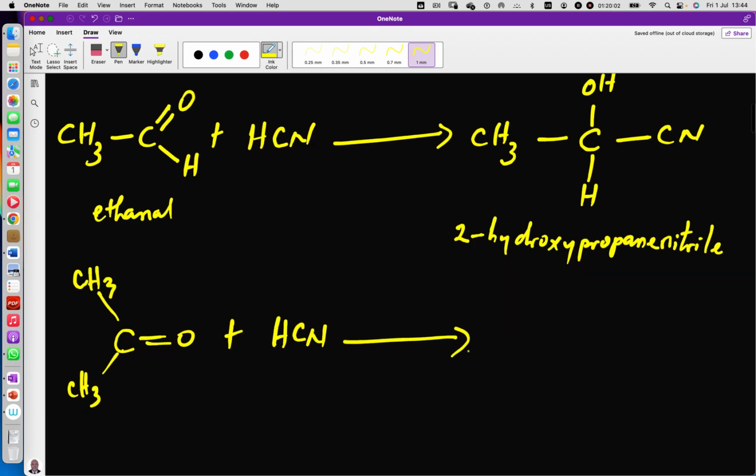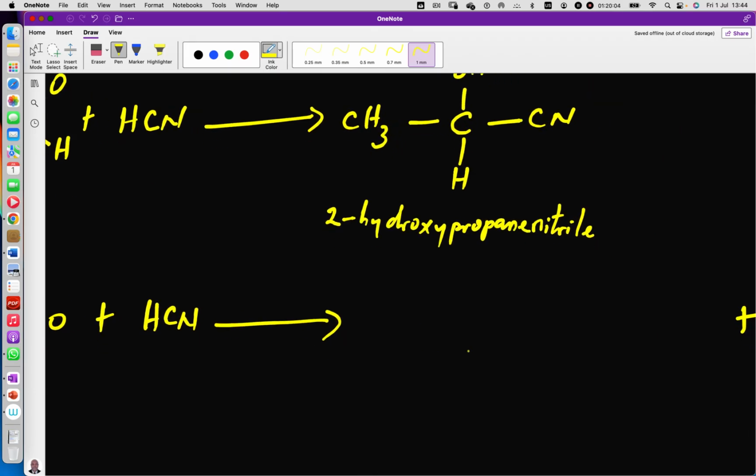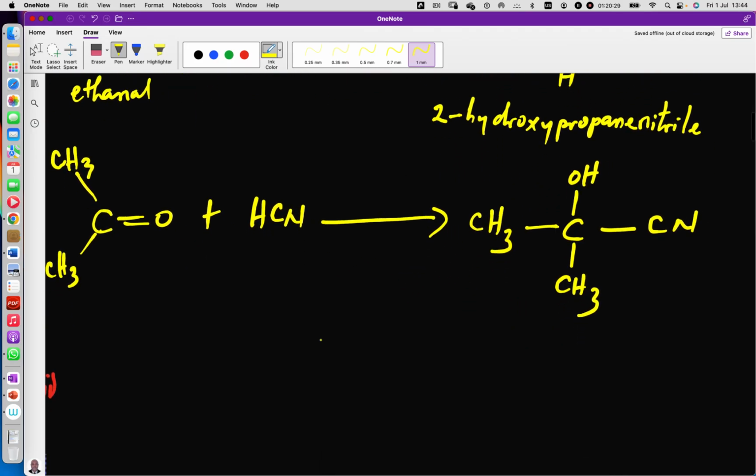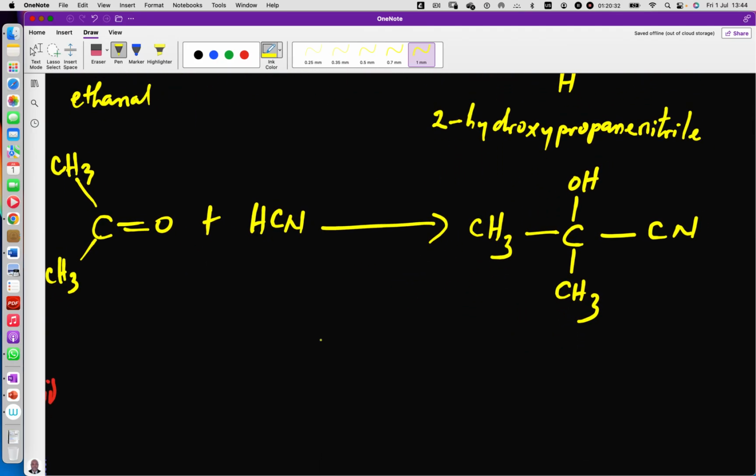What we are going to have here will be a CH3, a C. There will be an OH in the same position and a cyanide in the same position, but instead of hydrogen here, there will be a methyl group. So it also leads to the addition of another carbon atom there.